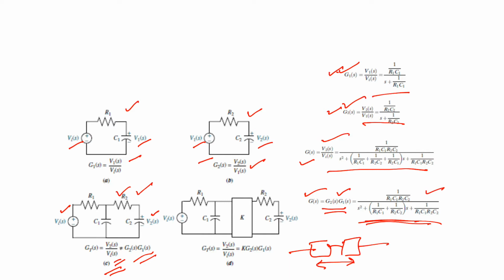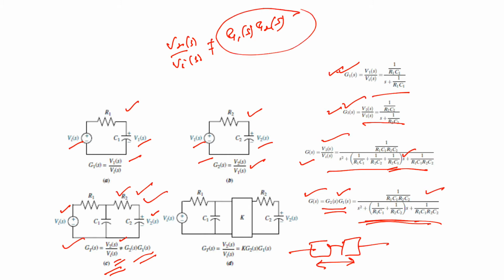That is, V2 divided by Vi in the S domain is not equal to G1(s) into G2(s). Okay. So in this equation we have one more term for the coefficient of S in the denominator. It means that the system that we have connected is loading the previous system, and as a result the transfer function is not equal to G1 into G2(s).